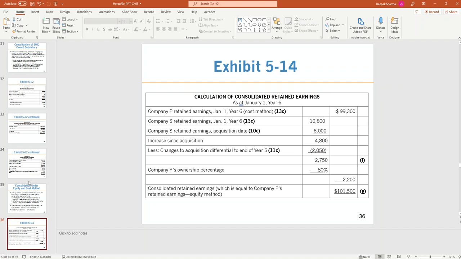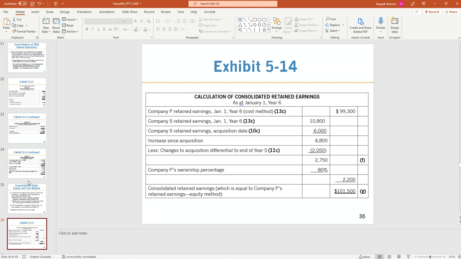So what you do is you look at the increase in the retained earnings from the date of acquisition, which is the net increase of 4,800. Then you look at the change to the acquisition differential to the end of year 5. Because in year 5, you calculate how much of the acquisition differential you wrote off, which is 2,500.